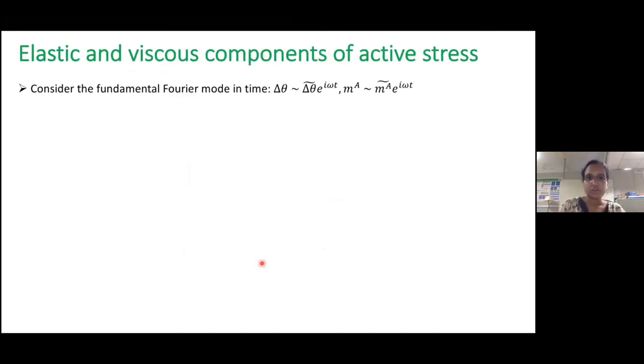So now that I know that this coupled equation of motion permits oscillatory solutions, I'm going to ask questions about what is the nature of the active stress. I can write the tangent angle in an oscillatory form, and the active moment also as oscillatory in nature, and substitute it in this equation.